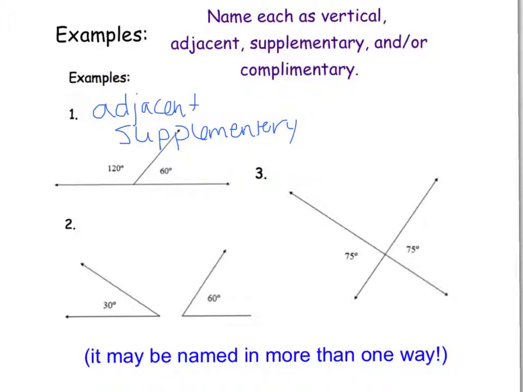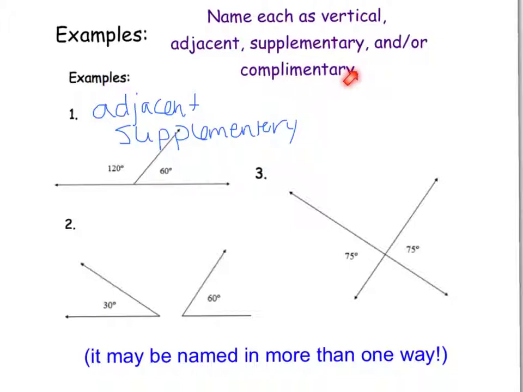For 2, they're not next to each other. They don't share a common ray, but 30 plus 60 is 90, so they're complementary. So the answer to 2 is complementary. Remember to pause when you need to get the writing down.